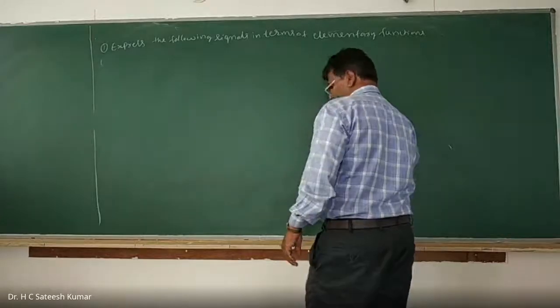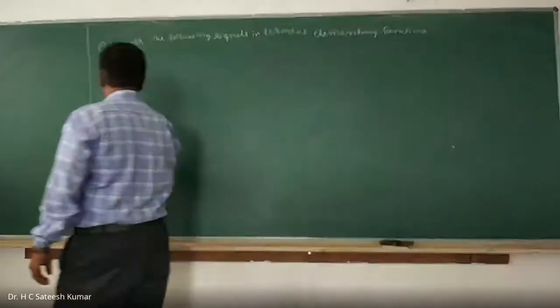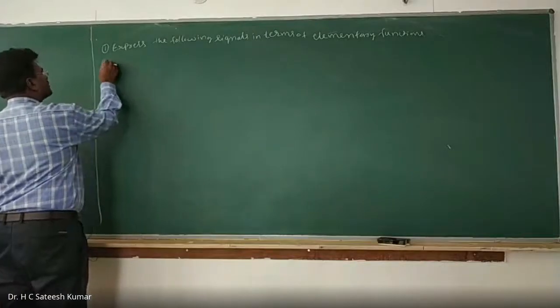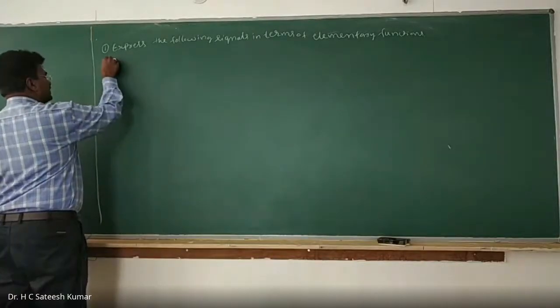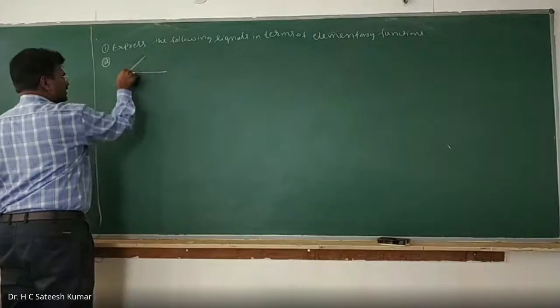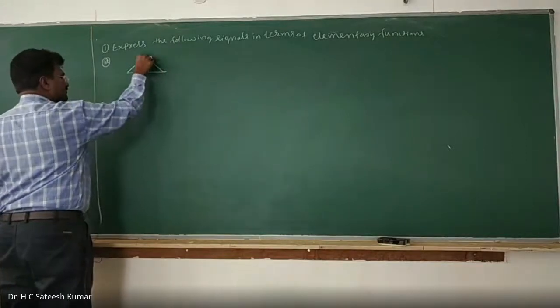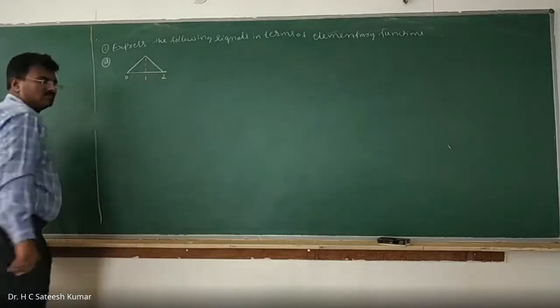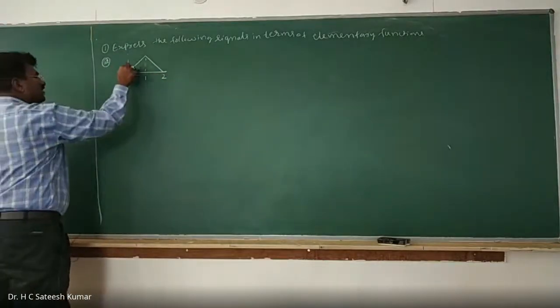How exactly can we do the ramp function? Now, let us say I have a function like this, something like this, you can write it: 0, 1, 2. How to express it in terms of elementary functions?